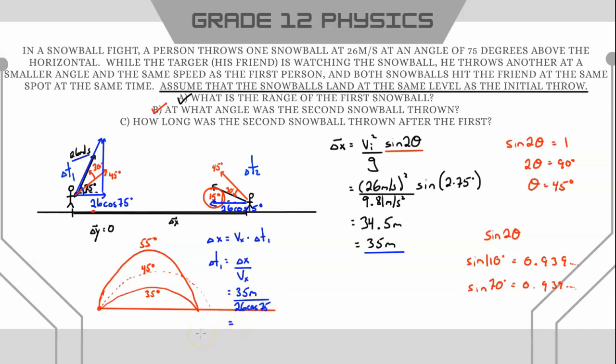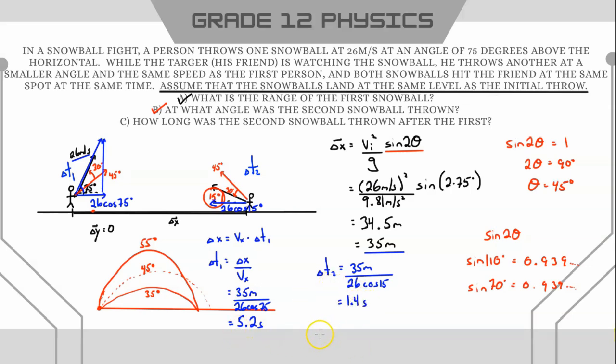And, so calculators out, 5.2 seconds. So let's do the same for delta T2. Right, it would be delta x, which would be the same, 35 meters. And then its Vx is 26 cos 15. So let's see what this time is. And we got 1.4 seconds.